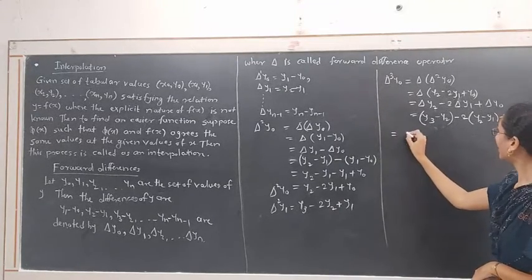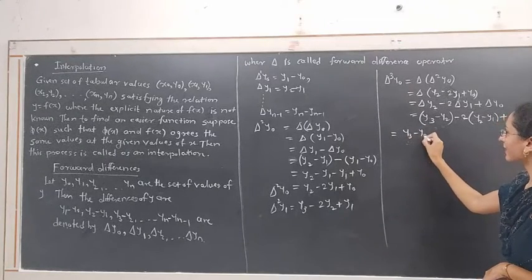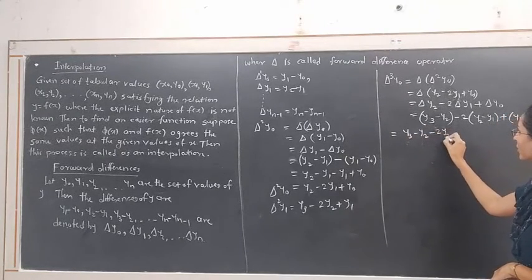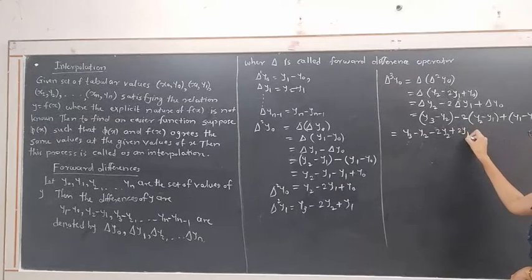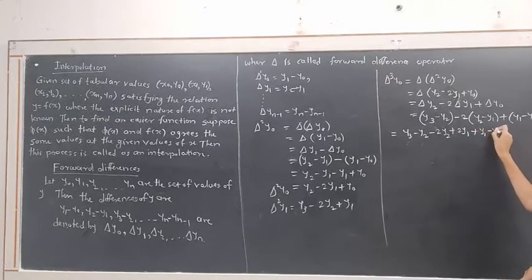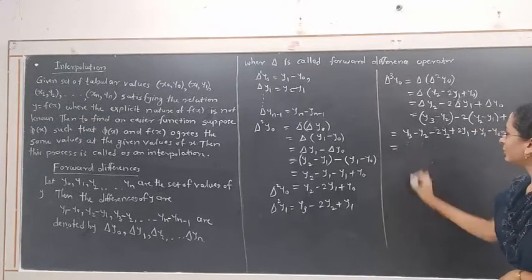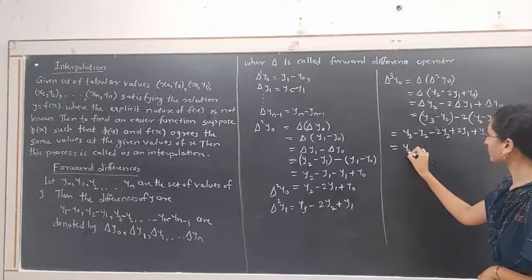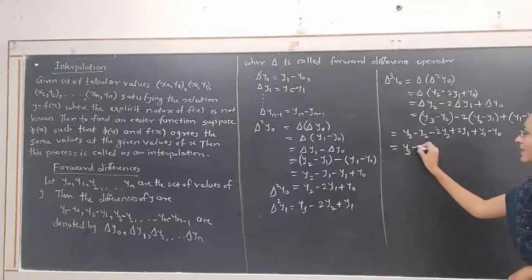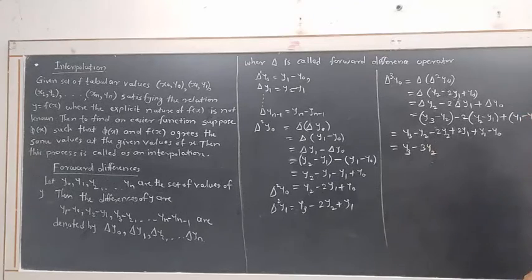This is equal to y3 minus y2 minus 2y2 plus 2y1 plus y1 minus y0, which is equal to y3 minus 3y2 plus 3y1 minus y0.